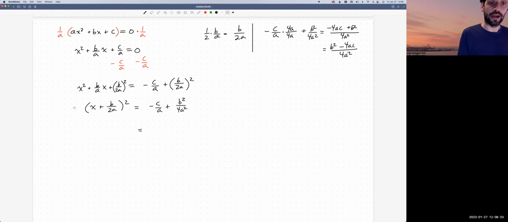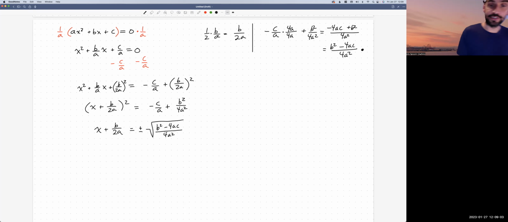Okay, so I'm going to take the square root of both sides. I get x plus b over 2a is equal to the plus or minus square root. But I'm going to use this form that I just figured out up here. This thing on the right is equivalent to writing b squared minus 4ac all over 4a squared.